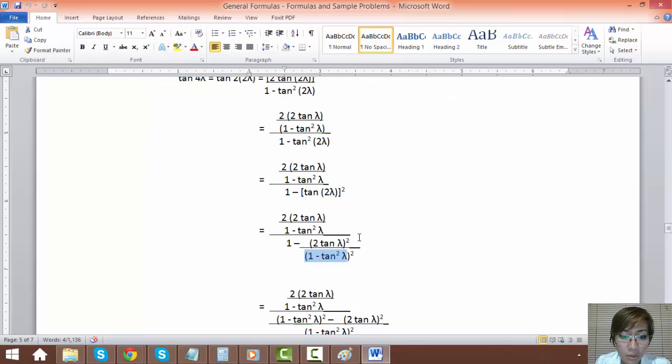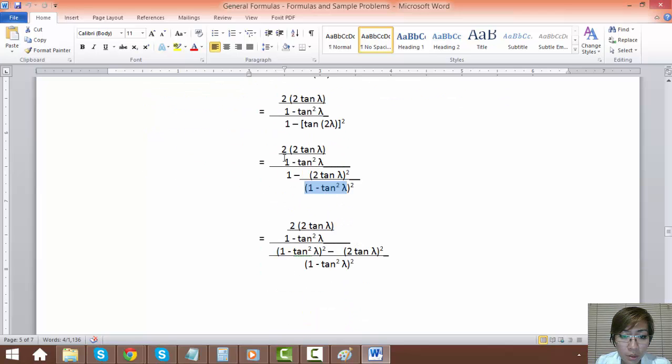Now, further simplification, since we are left with 1 here, we simply combine fraction terms, with the common denominator as 1 minus tangent squared lambda raised to the power 2, divided by the denominator of this one, which is 1 times 1. So we arrive at 1 minus tangent squared lambda raised to the second power, minus the original value 2 tangent lambda squared, all over the denominator, which is 1 minus tangent squared lambda raised to the second power.